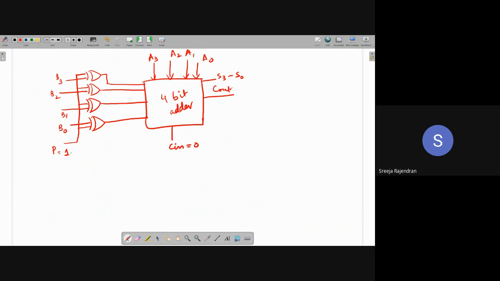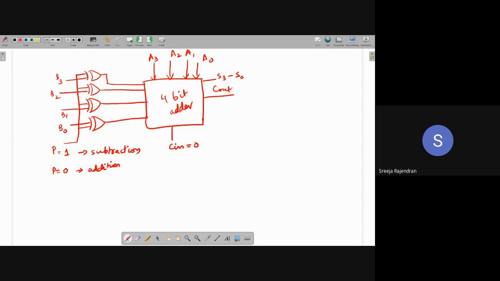So now if P is equal to 1, that means I'm supposed to perform subtraction. P equal to 1 means subtraction, and if P is equal to 0, it is addition, because I'm using the same unit. Yes or no? I'm using the same 4-bit adder. So if P is equal to 0, B3 will come as it is, right?